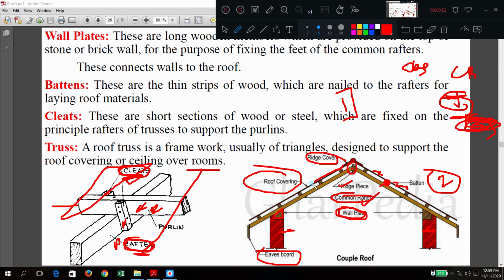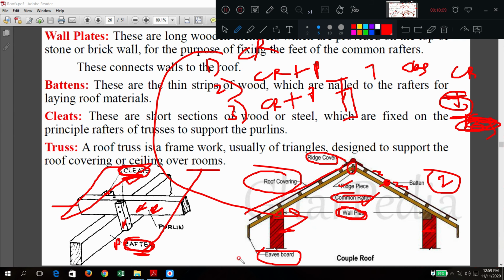Classification was what? 1, 2, 3. Third is common rafter plus purlin plus truss. Here you have common rafter plus purlin, here only common rafter. So this is the first case, there are no purlins, directly fixed.